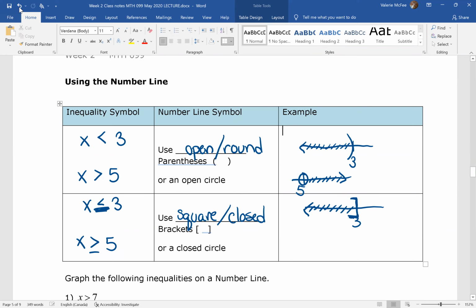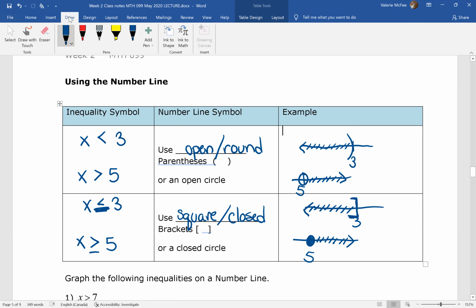If we say X is greater than or equal to 5, we're going to use a closed circle, but still shade to the right to represent those numbers greater than 5. The closed circle tells me I'm including 5.